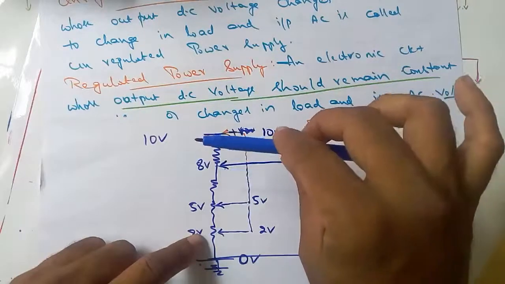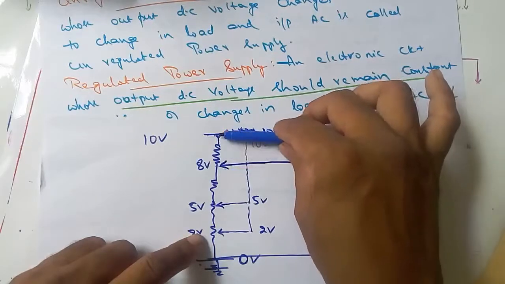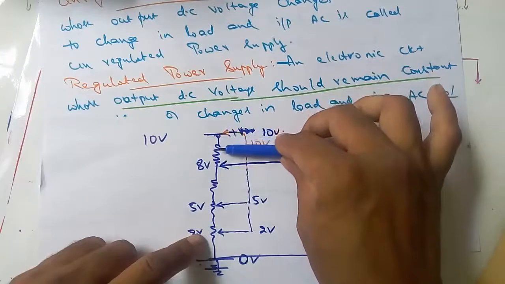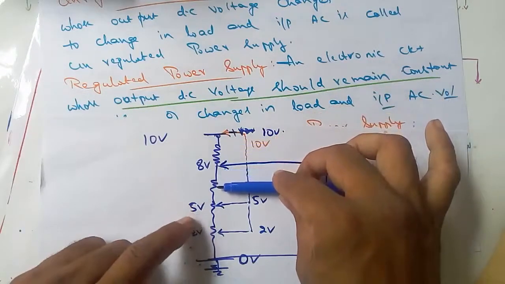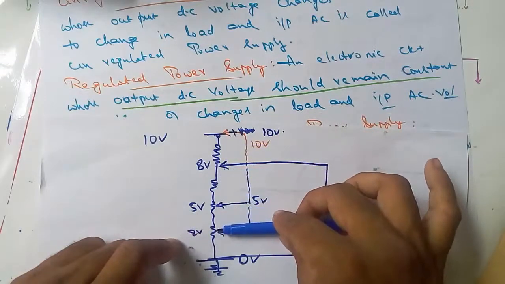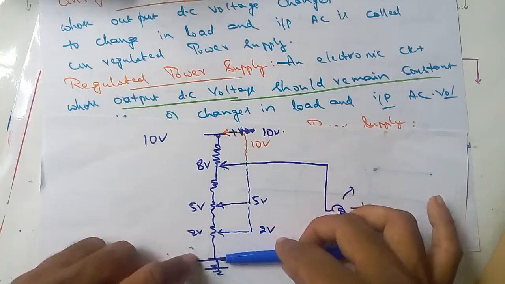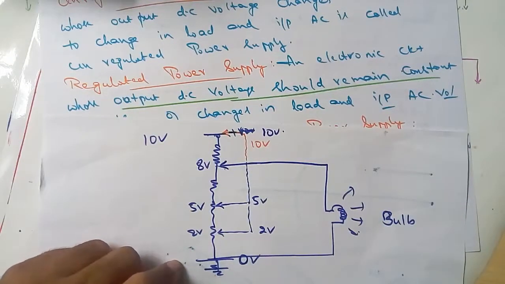So if you are decreasing, first 10 volts, next 7, 8, then 5, next 3, 2, 1, 0, right? In that manner, this is the slider. This circuit is called the potential divider.